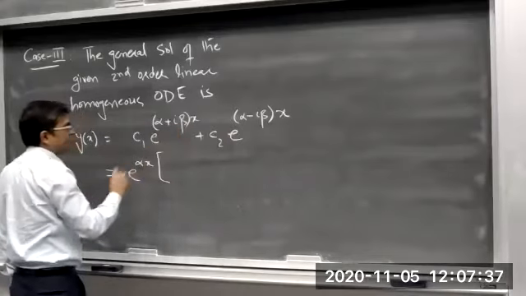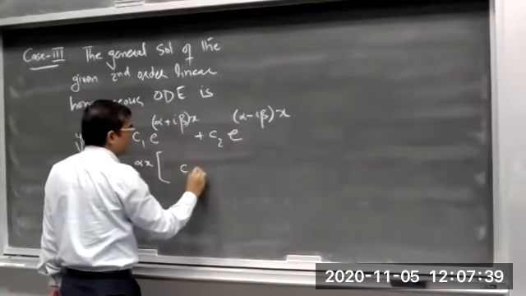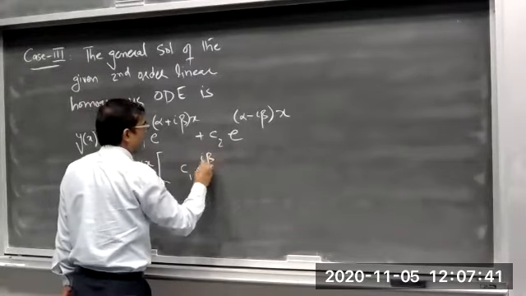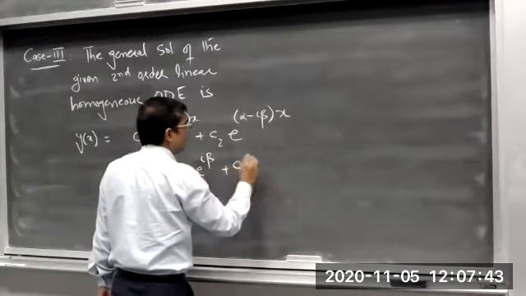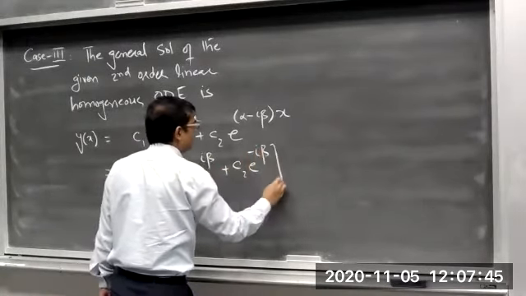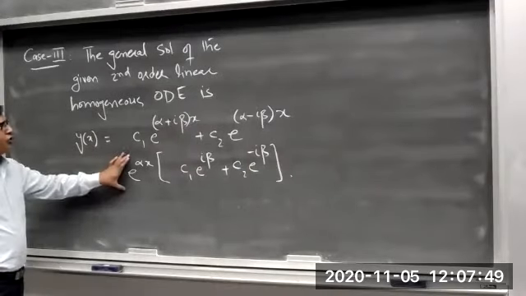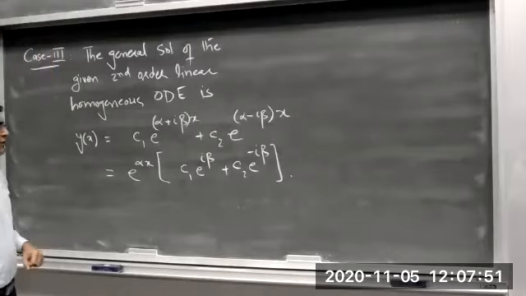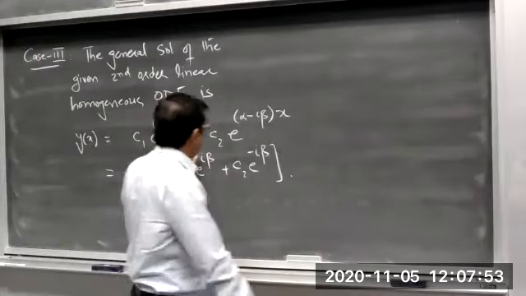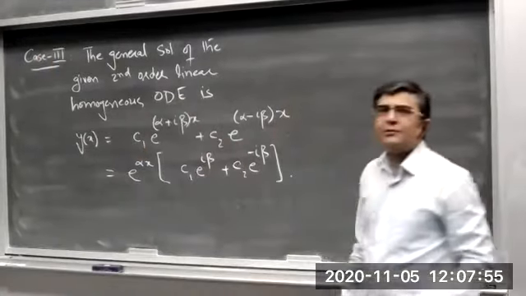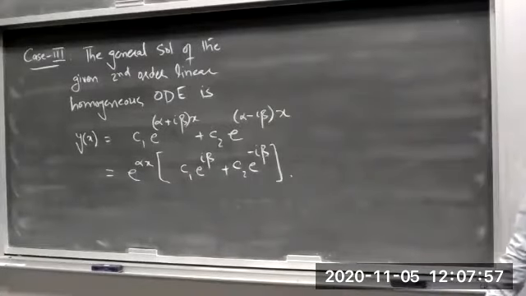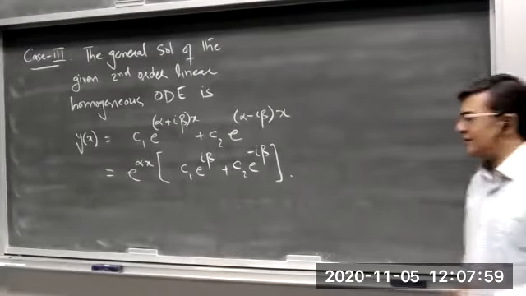We can take it out of these two terms and write simply e raised power alpha x times (C1 e raised power iota beta x plus C2 e raised power minus iota beta x). So this could be the general solution of that differential equation, but we can simplify this solution further by using some exponential and trigonometric identities.